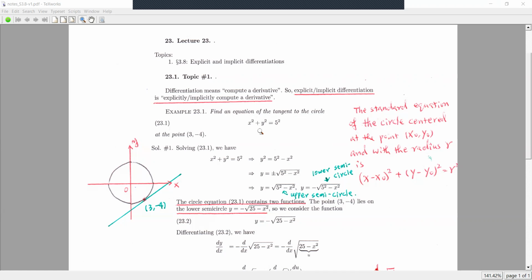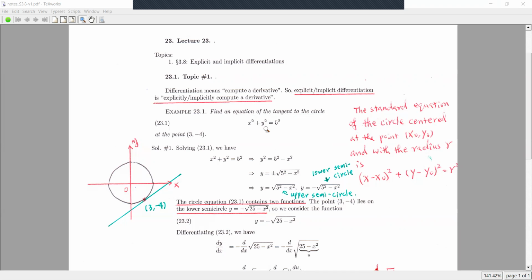It turns out that there is a second solution. In the second solution, to find the slope of a tangent line, we need to compute a derivative. To compute a derivative, we don't need a function. So we don't need to solve the given equation for the y variable.